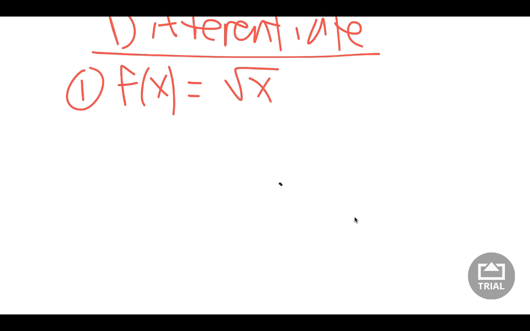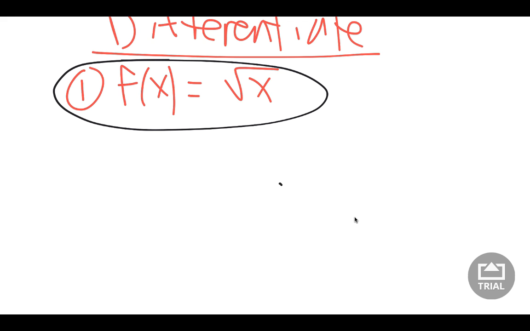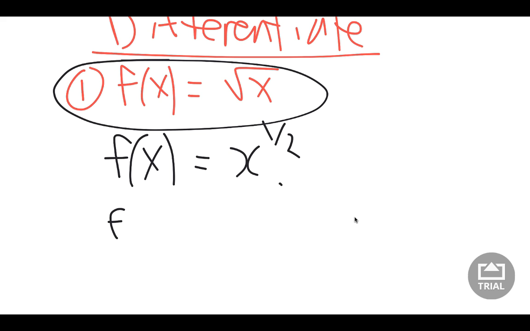All right, let's differentiate. So we're going to do the derivative of root x. Now, the derivative of root x, the way we're going to do this is we're always going to write them with a rational exponent or a fractional exponent. So we rewrite f of x equals x to what exponent? 1 over 2. Now I apply my power rule. I haven't differentiated yet. Now I'm going to differentiate.